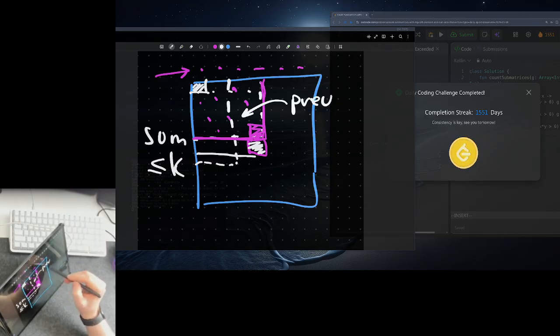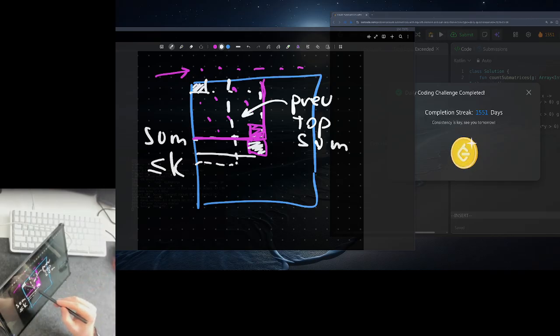its previous top sum, and also the previous left. The previous left is this one big. Previous left sum.